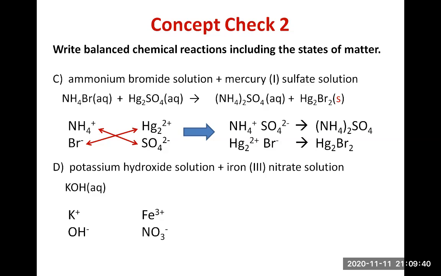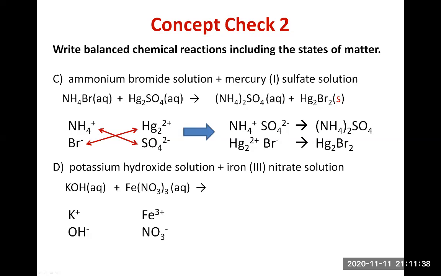So together, Fe3 plus and NO3 minus, if you do the crisscross trick, you can see that the 3 from the 3 plus charge of the iron will become a subscript for the nitrate. So we will need parentheses around the nitrate, and we need 3 of them. So it's going to be Fe(NO3)3, which is the iron 3 nitrate.